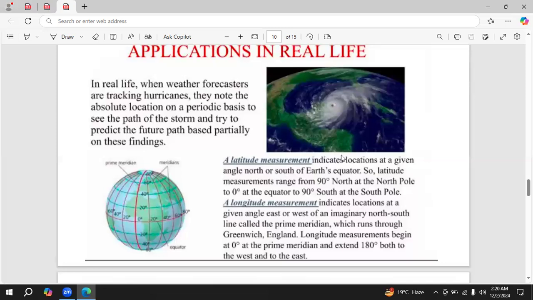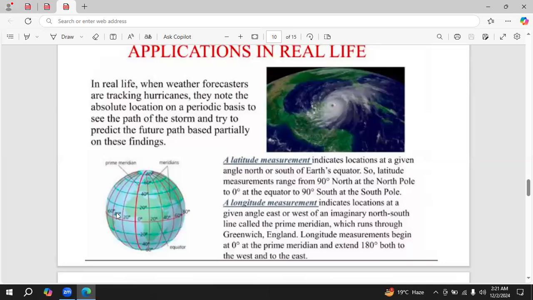So, the longitude measurement indicates the location at a given angle on the north or south of Earth's equator. Latitude measurements range from 90 degrees at the North Pole towards the equator. This is your North Pole, denoted as 90 degrees. Once you come towards the equator, this line is the equator line.